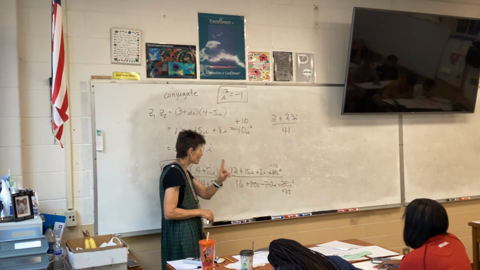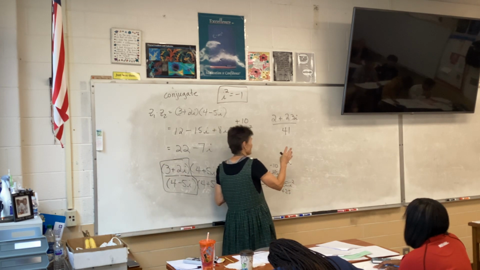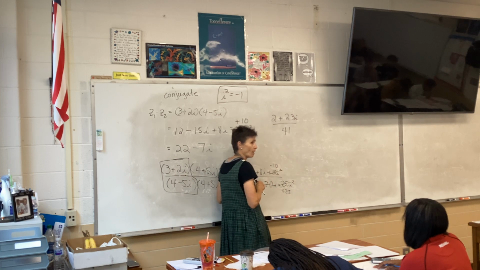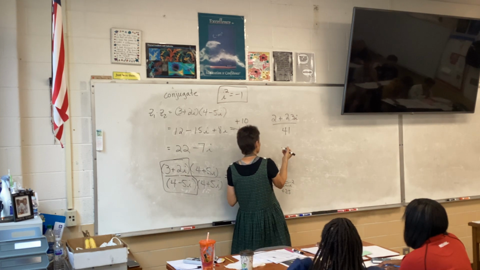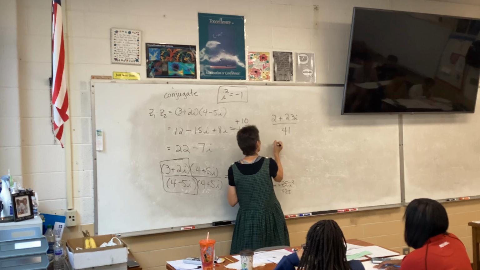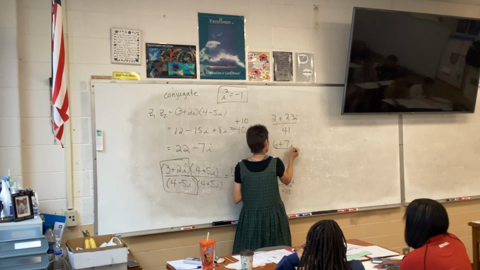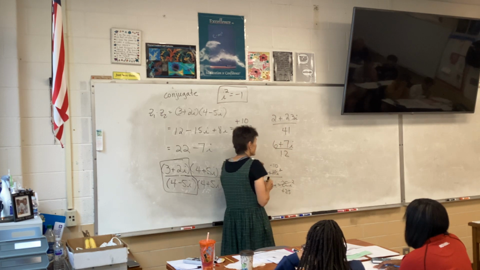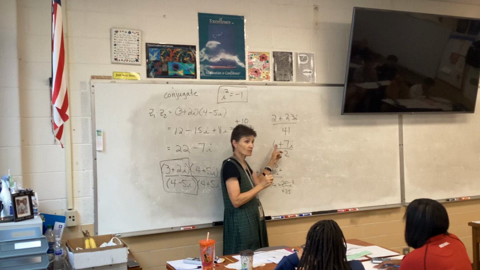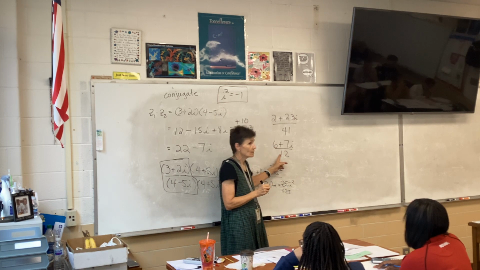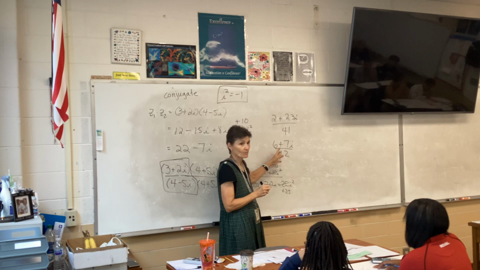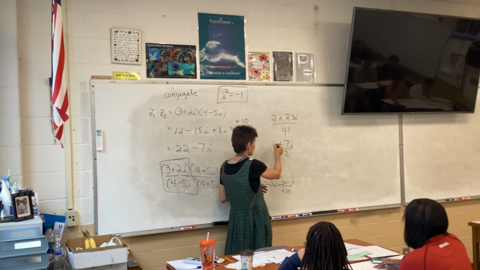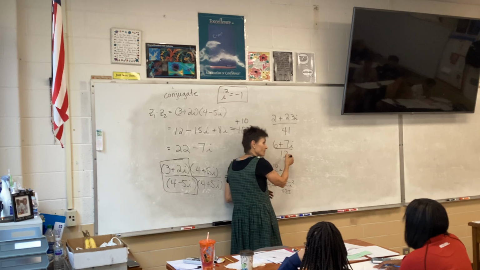Quick comment. Obviously, nothing cancels in this problem. Sometimes we get a little crazy though. If we had something like this, sometimes we think, oh, 6 over 12, I'll go ahead and cancel. No. This is another one of those 3-part problems, it's like a triangle.